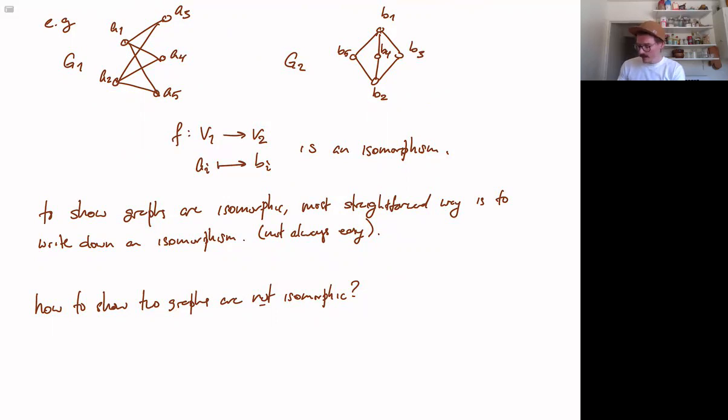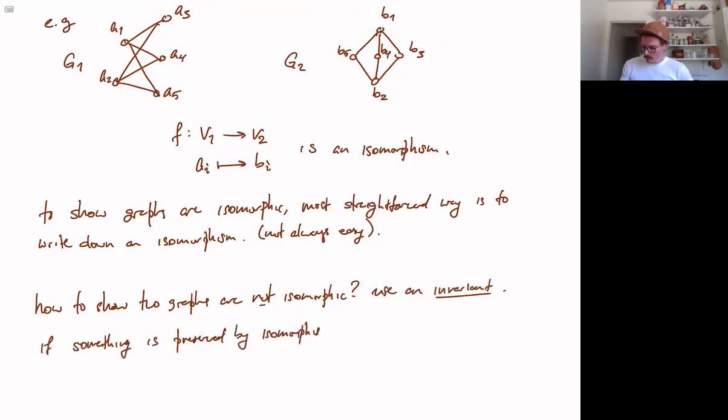So how to show the graphs are not isomorphic is to use an invariant. Which is to say, if something is preserved by isomorphisms, so that's what we mean by an invariant, something that is invariant under an isomorphism.